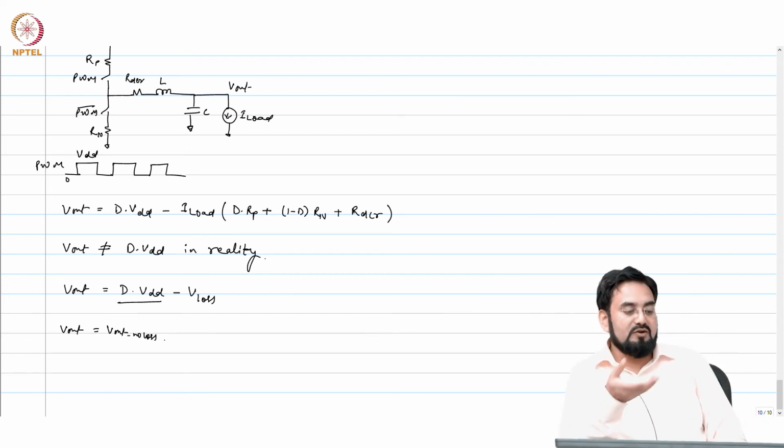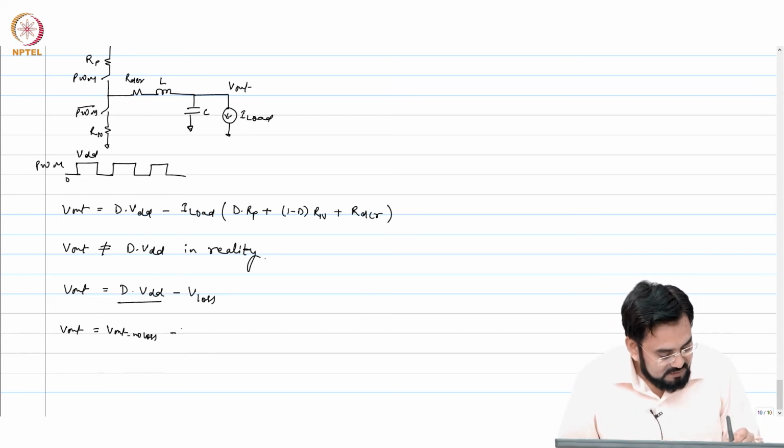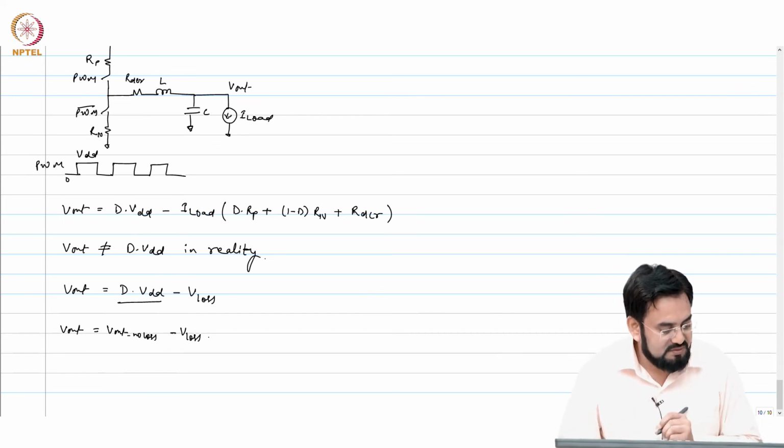V out no loss is nothing but D times VDD, minus V loss.